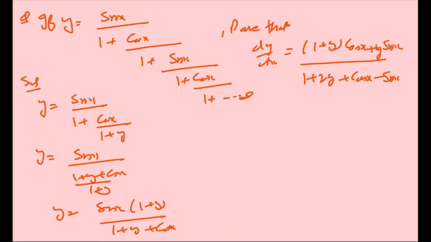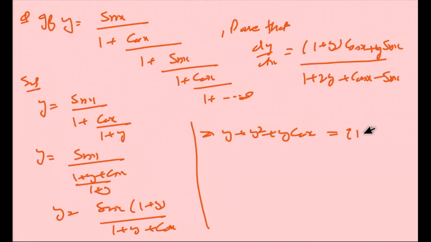So if we cross multiply, then we can get y plus y square plus y cos x equal to 1 plus y into sin x. Here we can also do the multiplication or leave it.